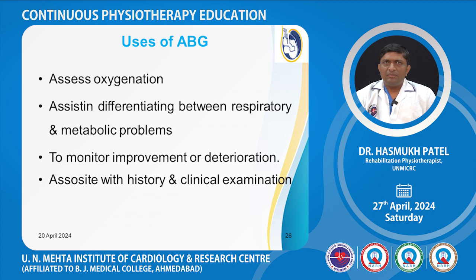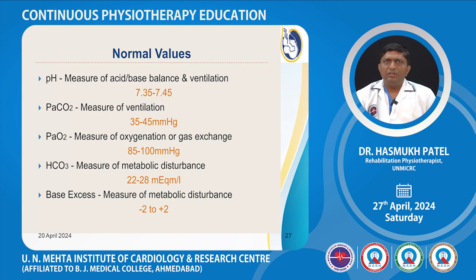Uses of ABG: to assess oxygenation, assist in determining between respiratory and metabolic problems, to monitor improvement or deterioration, and to associate with history and clinical examination. Normal values: first one is pH. Normal value is 7.35 to 7.45, a measure of acid-base balance or ventilation.